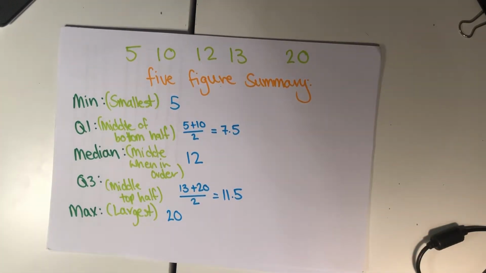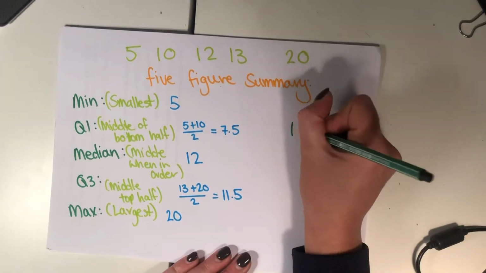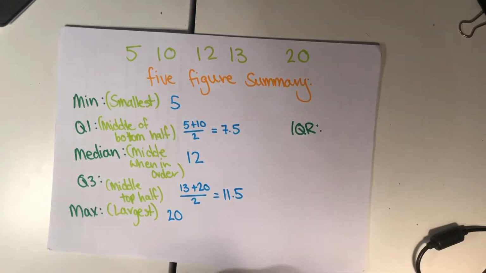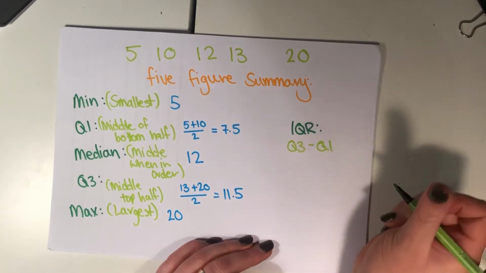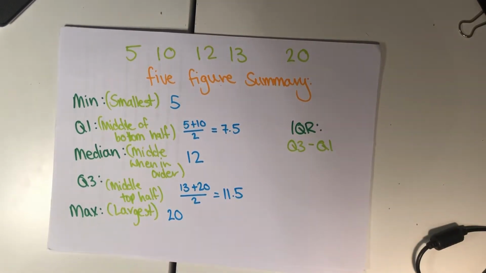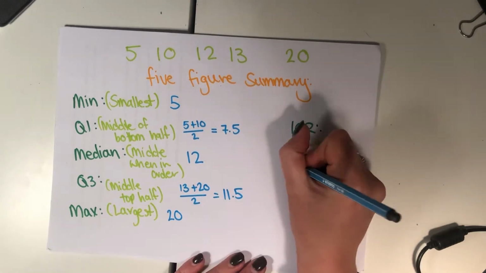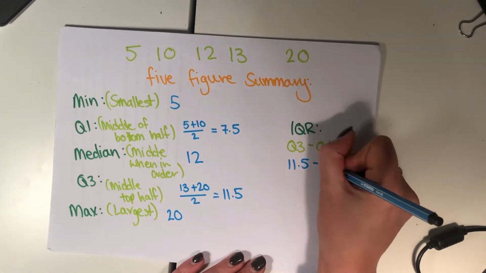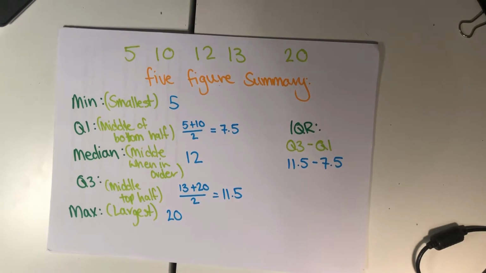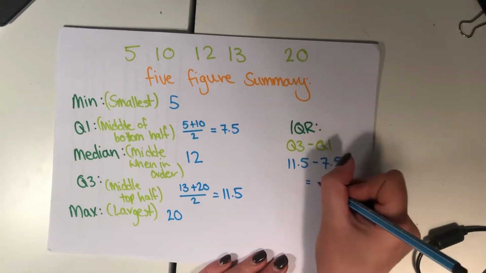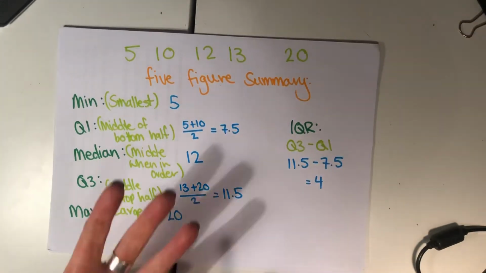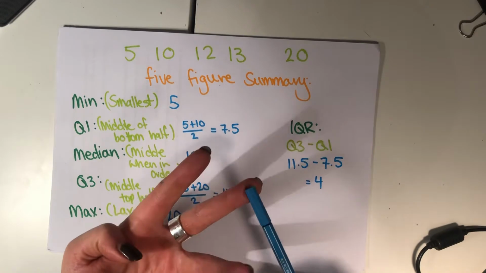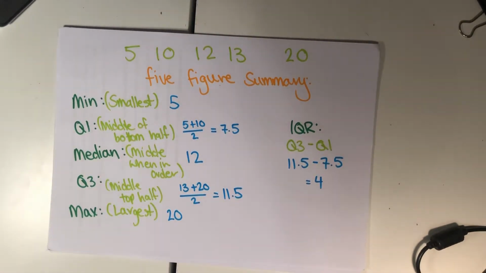The other value you will need to find out of this is your IQR. All right, and that's your interquartile range. And to find your interquartile range, it is Q3 minus Q1. In this scenario, my Q3 is 11.5 minus 7.5, which gives me an interquartile range of 4.